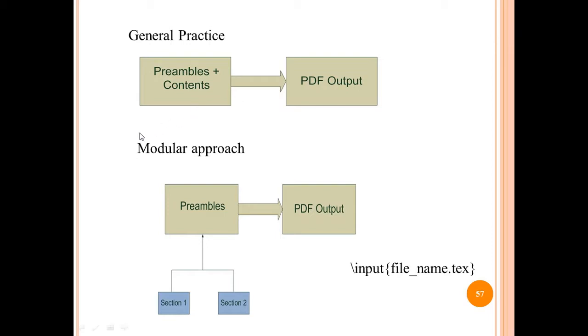So can we use a modular approach in LaTeX like this, that we will declare the preamble in the main file and then we will create separate files for each section.